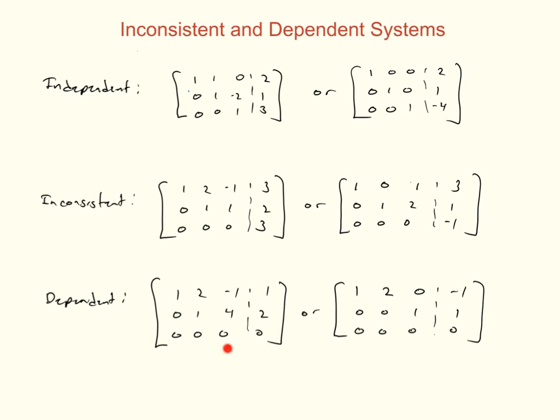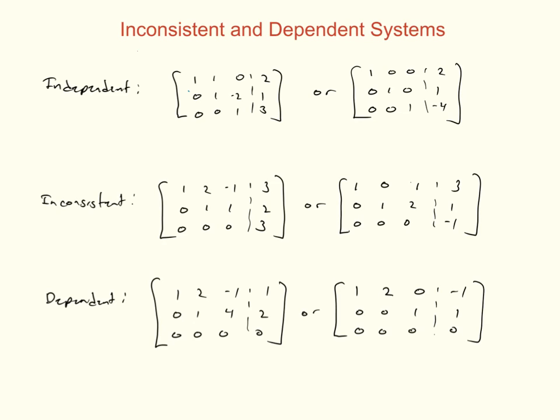You have a row of zeros, so you would end up with a system of equations here which is dependent. It would have multiple solutions. So when you see a row of zeros like this, when the number of equations is equal to the number of variables, you know that you have a dependent system which is going to have multiple solutions.